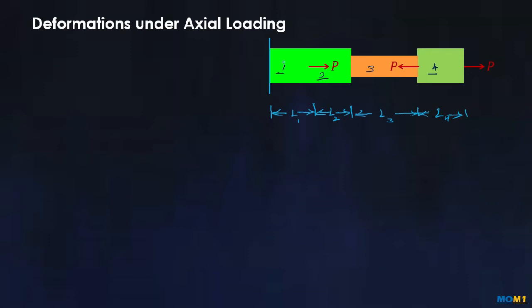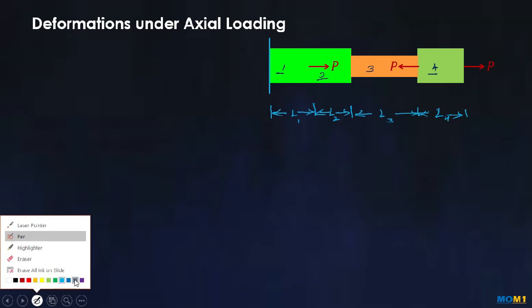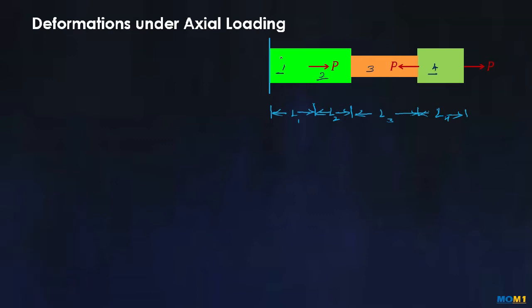This material is, let's say, made up of some material with Young's modulus E1. Let's say this is also E2, and E1 and E2 are the same, and this is E3, and this is E4.